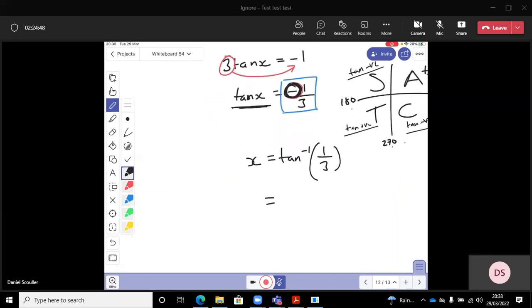So in your calculator, you're doing tan to the -1 of 1 divided by 3. So the negative sign disappears. The negative sign allows us to take our answer, which is 18.43.